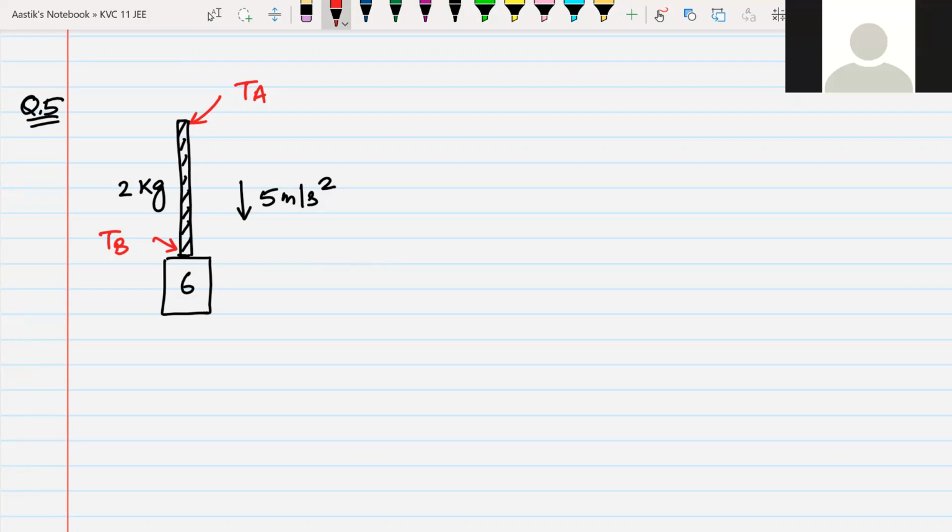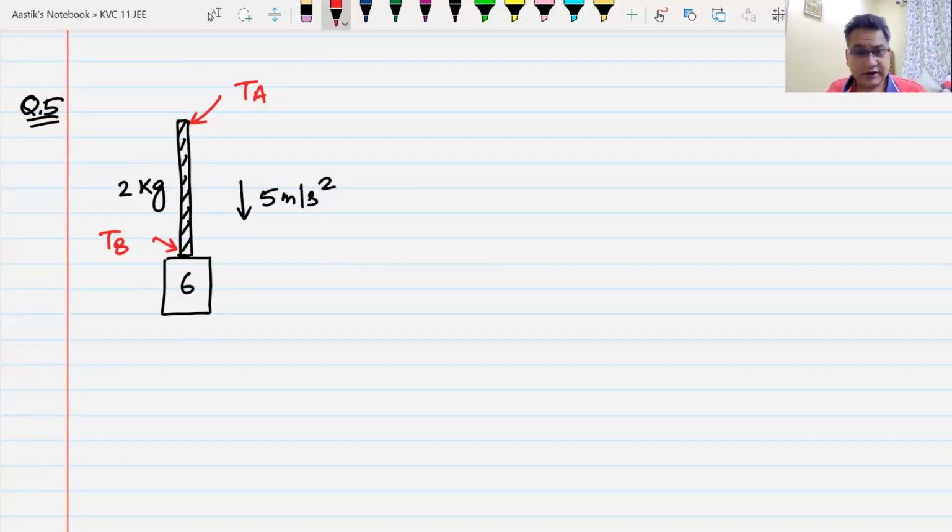Now the answer has changed. 40 newtons looks okay. I hope we are not playing Kaun Banega Crorepati here, that we are guessing. So how are we supposed to do this?